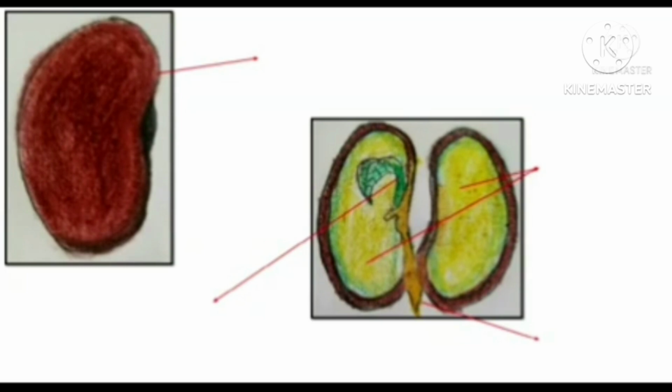The seed coat will be protecting the seed, seed leaves, as well as embryo. And it will also protect from insects and harsh weather. So, this is the outermost layer of the seed. You can say this is the first layer of the seed when it is cut open.